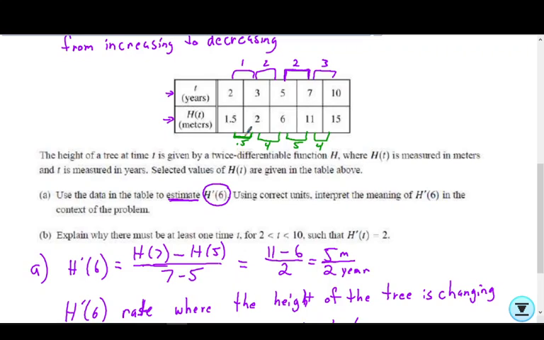Well, that's not 2. Here is 4 over 2. 4 divided by 2 is 2. So this right here, between 3 and 5, my average slope is 2. Between here, it's 5 over 2, which is 2.5, and here it's 1 1/3. So since I know that the average slope between 3 and 5 is 2, I know that somewhere in there the actual slope, the instantaneous slope, has to be 2.